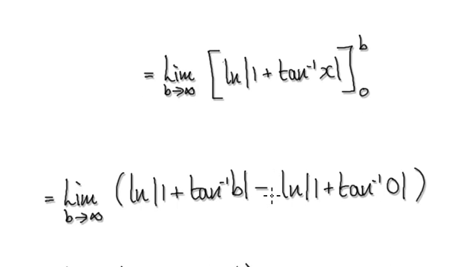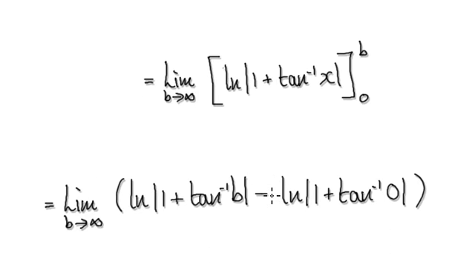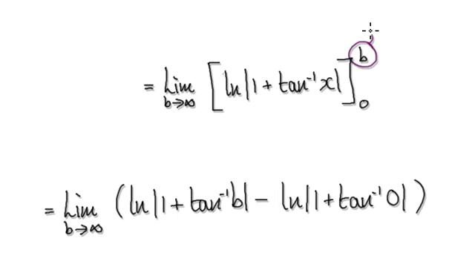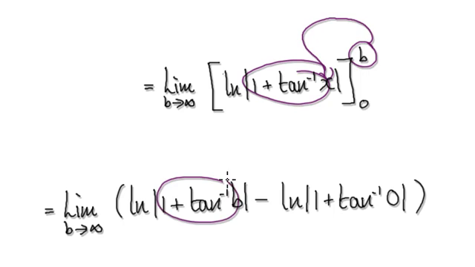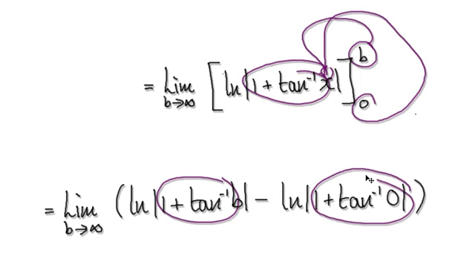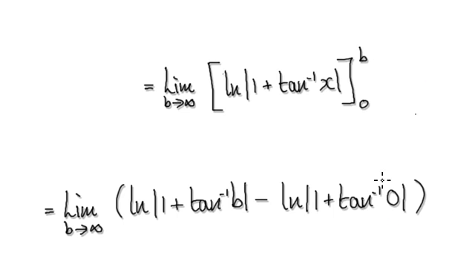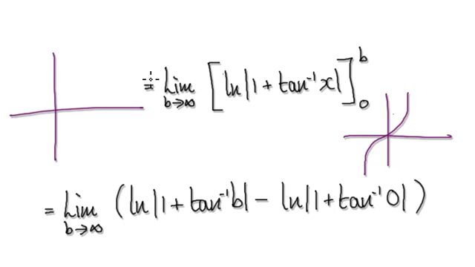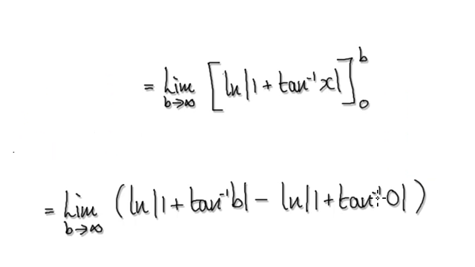Now evaluate this. Put b into here, which will give you this thing here. Put 0 into here, and that will give you this thing here. Remember, tan of x looks like that. Let me start again.